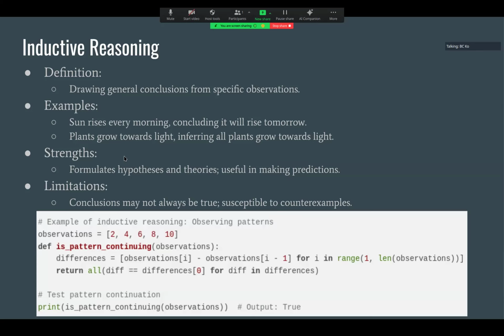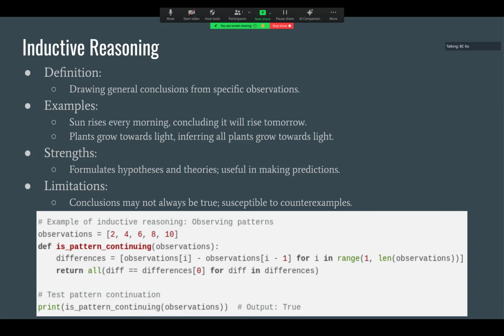Inductive reasoning. So inductive reasoning involves drawing general conclusions from specific observations. So for example, if we observe that the sun rises every morning, we might conclude that it will rise again tomorrow. Also, say we notice that a plant grows toward light, we may infer that all plants grow toward light.